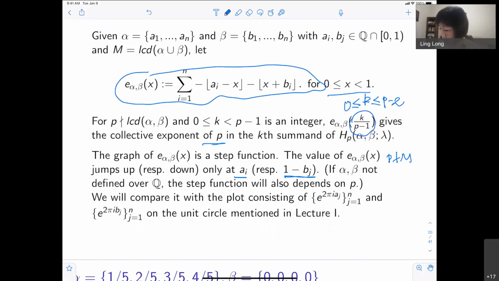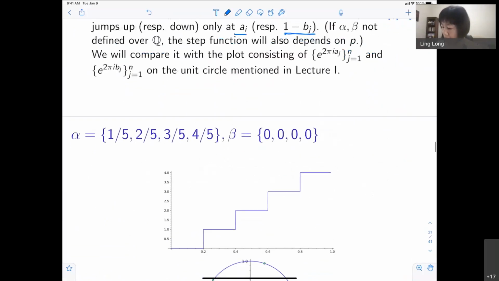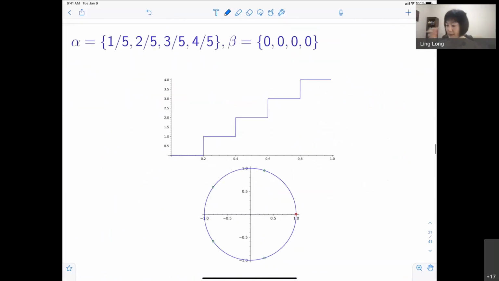Let me give you an example with the plot, consisting of roots of unity coming from a_i and b_j on the unit circle. In this example, alpha consists of 1/5, 2/5, 3/5, and 4/5, and the beta values will be 1, 1, 1, 1.